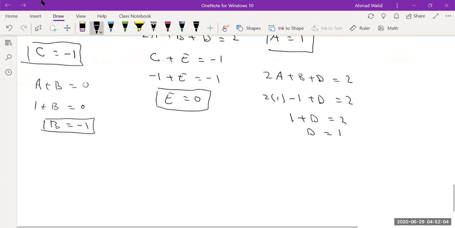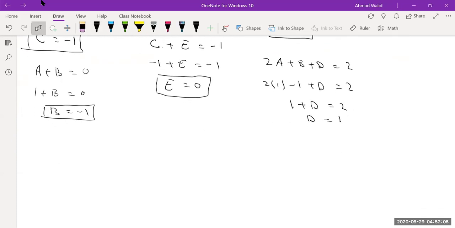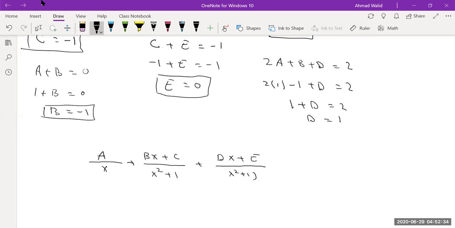Now I have the value of A, B, C, D, and E. What was my fractions on the right side? I had A over X plus BX plus C over X squared plus 1 plus DX plus E over X squared plus 1 all squared.